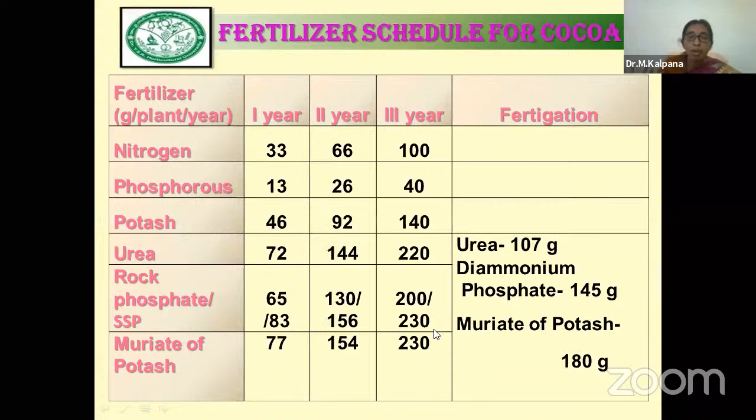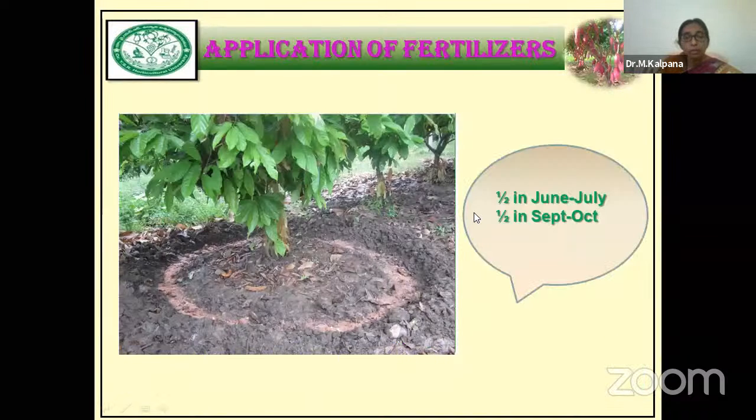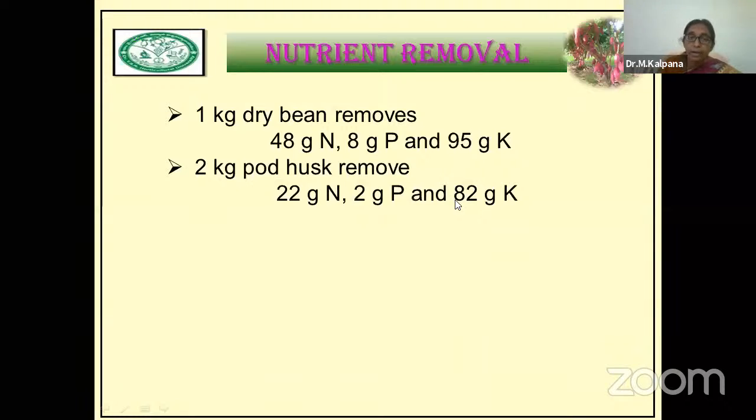I already told that for 1 kg production of dry bean from the plant, it will remove almost 48 grams of nitrogen, 8 grams of phosphorus, and 95 grams of potash.